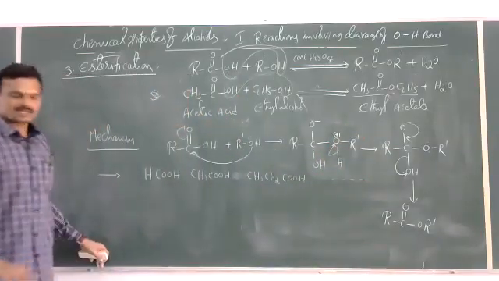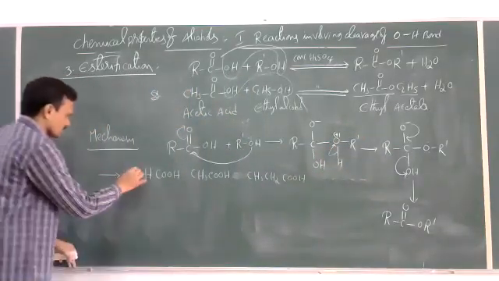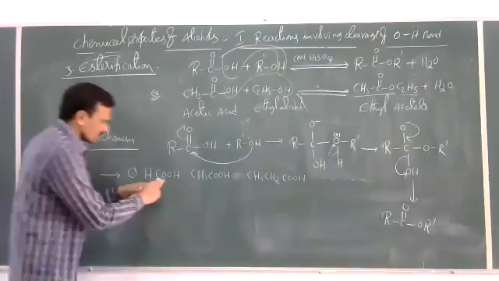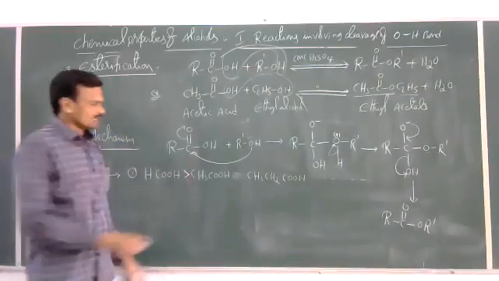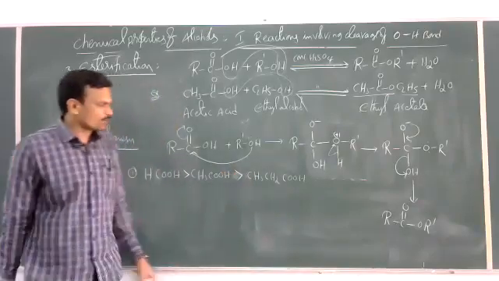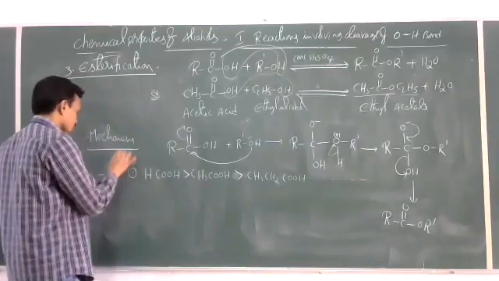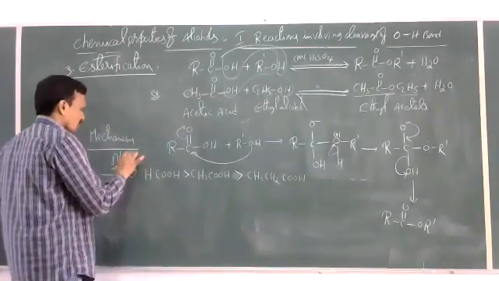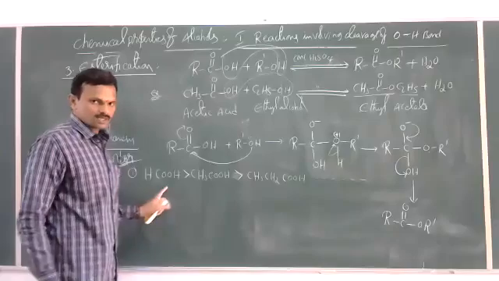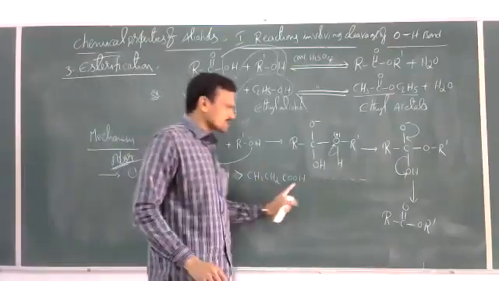Out of these acids, which undergo esterification readily? See, formic acid is greater than acetic acid, greater than propanoic acid, and so on. This is the order of esterification.